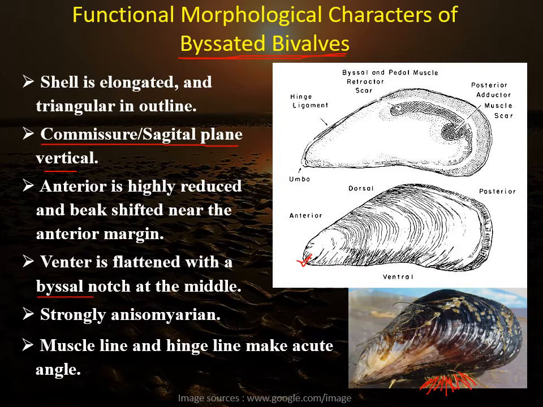Byssal threads are soft organs, so after the death of the organism or in fossil specimens, we cannot see the byssal threads. But at the position from where byssal threads emerge and attach to the hard substrate, a notch or a depression is there, which confirms the position from which the threads emerged inside the shell.